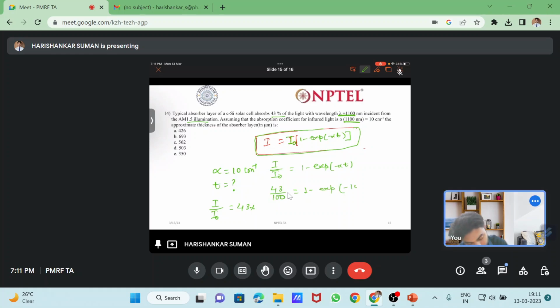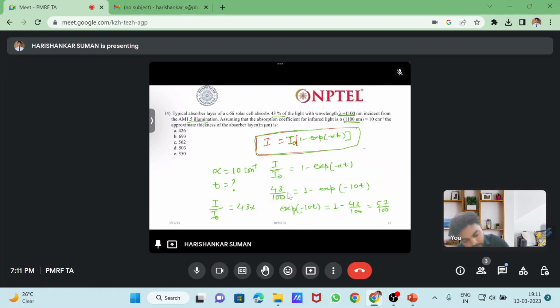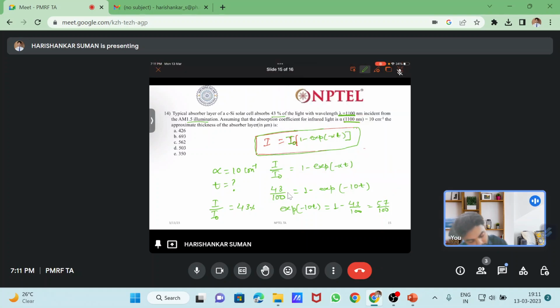Exponential alpha 20. So 1 minus 43 by 100, or 100 minus 43, which is 57 by 100. Then exponential alpha 20 equals 0.57.